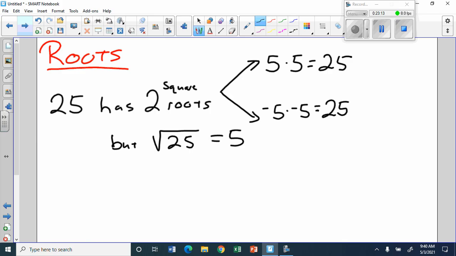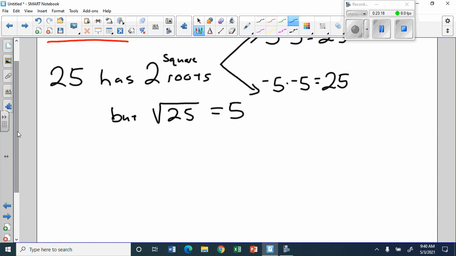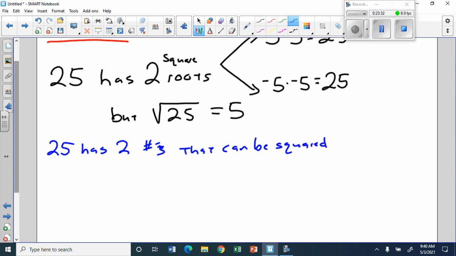Okay? So if we put this in words, 25 has 2 numbers that can be squared to equal 25.